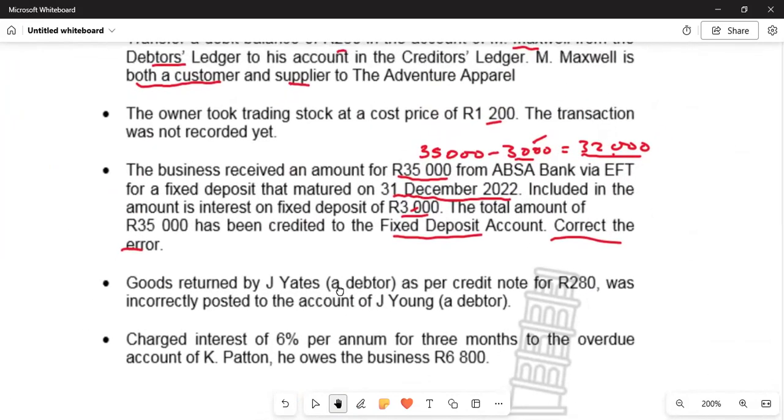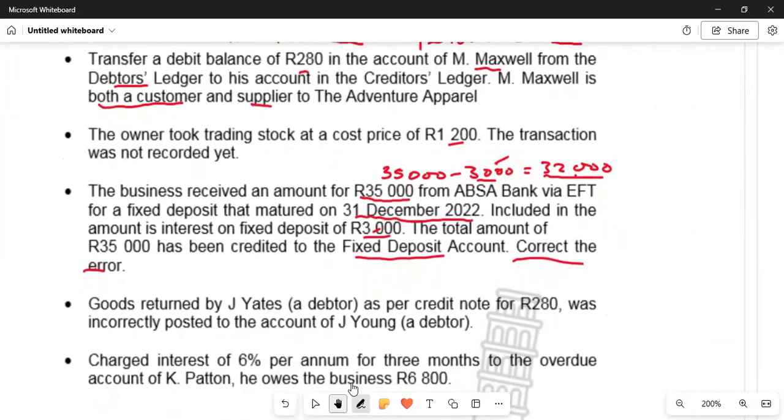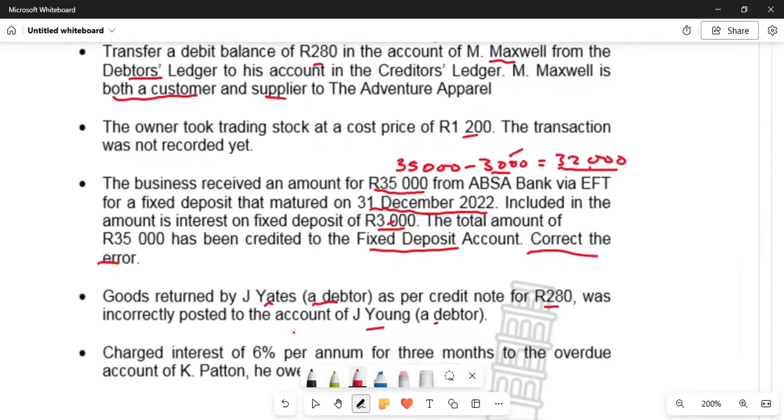It says goods returned by J Yates, who is our debtor, as per credit note for 280, were incorrectly posted to the account of J Young as a debtor. So there is an error here and we have to correct it.